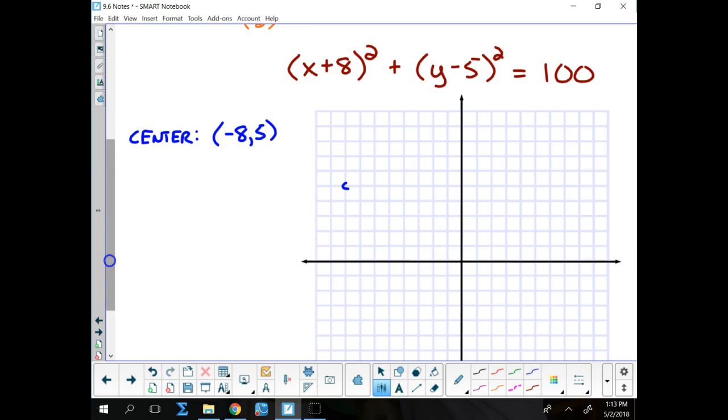What is the radius of my circle? 10, so I'm going to go out 10. 2, 4, 6, 8, and 10. 2, 4, 6, 8, and 10, somewhere down there.